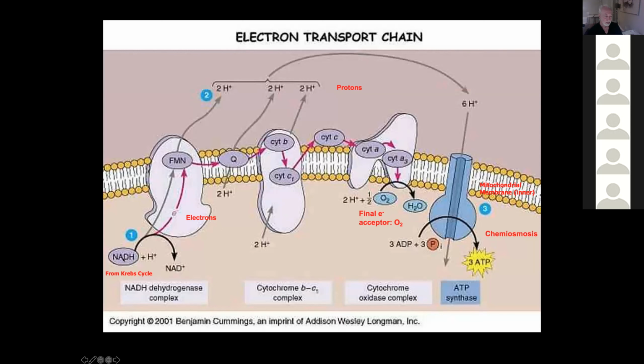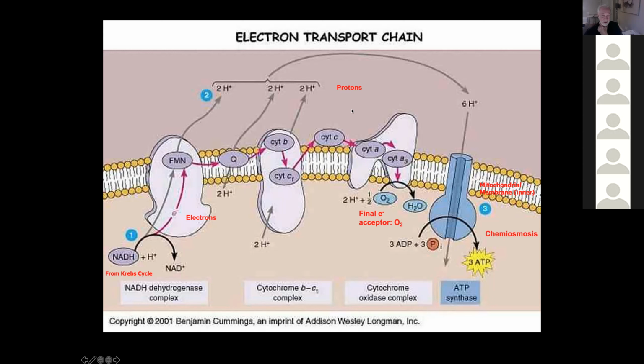So NADH is converted to NAD from the Krebs cycle, and that provides electrons for a flavin, for coenzyme Q, cytochrome B and C, cytochrome A and A3, and finally, electrons are handed off to oxygen to make water, the final electron acceptor.